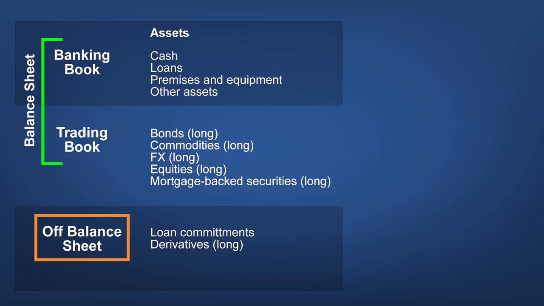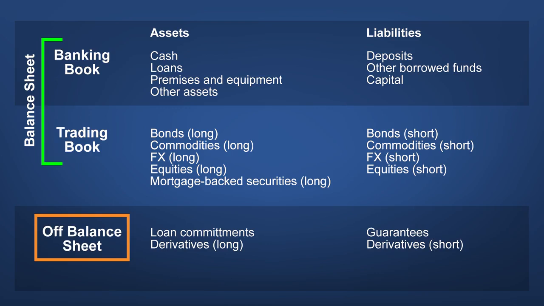Long derivatives positions can make profits or losses in the future. What about contingent liabilities? Here we also have derivatives, but now these are considered short positions that can also make profits or losses. And we have our guarantees. These guarantees can take a variety of forms, but they mostly behave like insurance. Under some conditions, the bank will have to make an insurance payout.